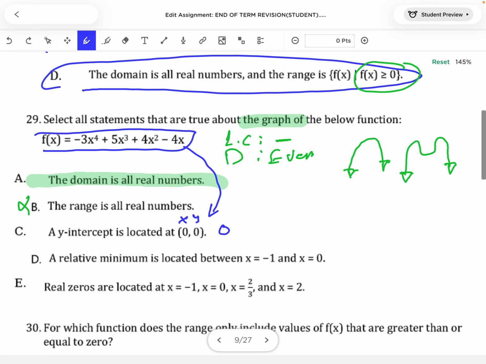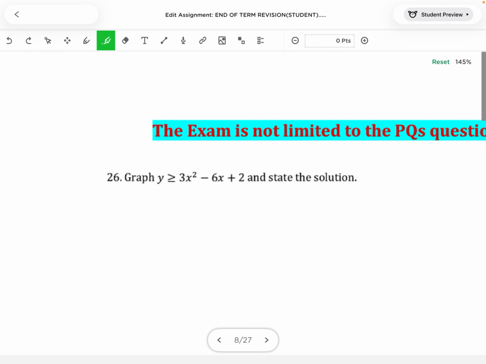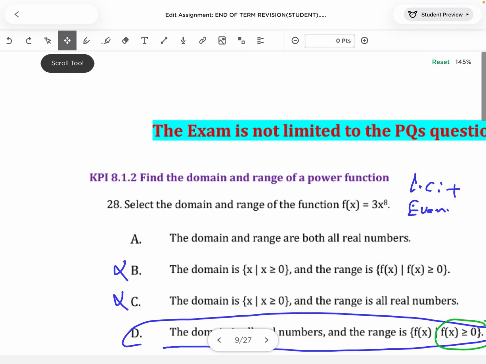Is it true that 0 equals negative 3 times 0 to the power 4 plus 5 times 0 to the power 3 plus 4 times 0 to the power 2? If you calculate the right side, you will get 0 equals 0. So this answer is also correct.